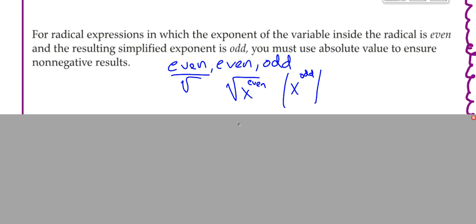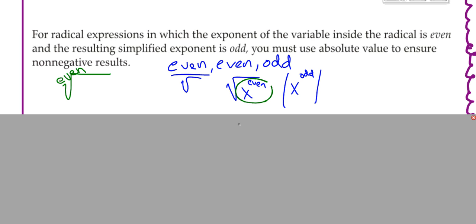I call it the even, odd. When we're doing square roots, squaring is kind of an even power, and so this is an even radical. The actual radical is even. As you go further in math, sometimes there will be other roots not that way.